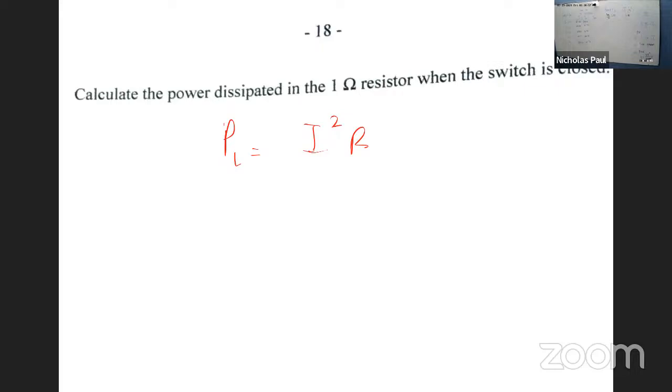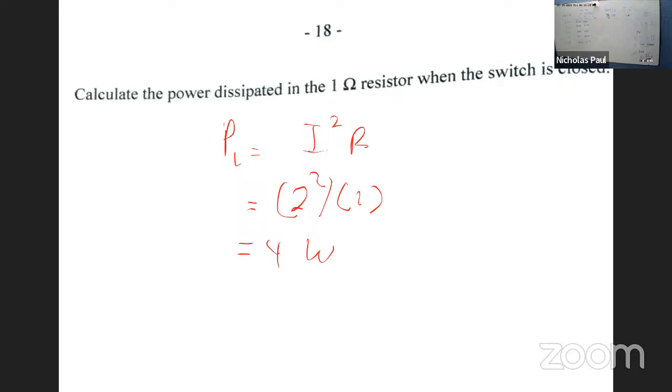R is 1. Right? And the I value when it closes, let me just look it out. That was 2 when it was closed. 1.2 is when it was open. So the answer is 4 watts.